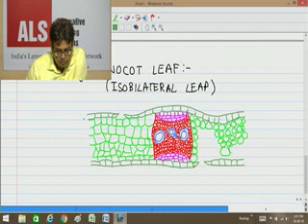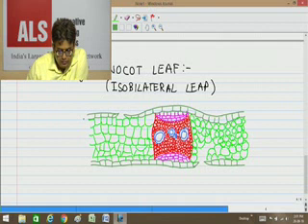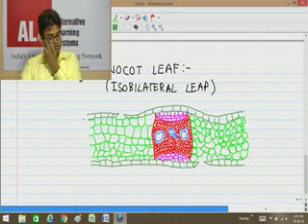Right. So, this is the isobilateral leaf.